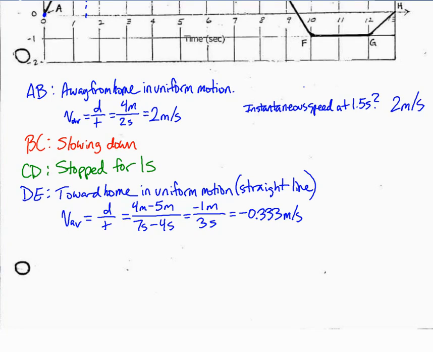Some things we can take from this: a negative velocity, something we'll look into soon. This is a vector and it has a direction. The negative tells us that we're going towards home, so it implies a direction. What it means is going backwards.